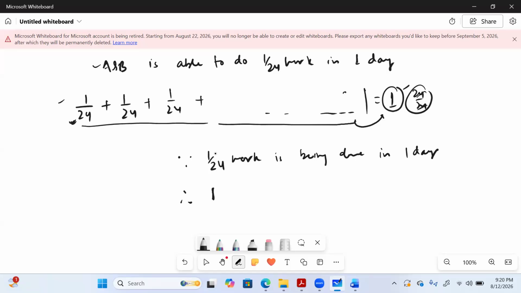Now the problem is that we are starting with an amount which is less than unit, and that's where confusion happens. Everyone gets confused.